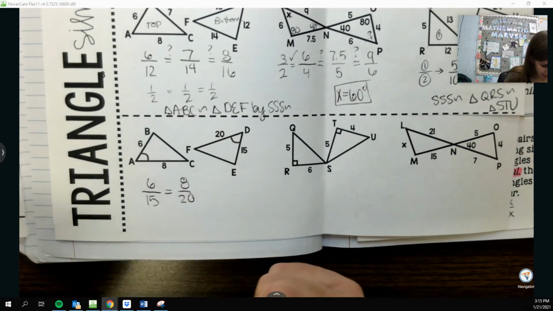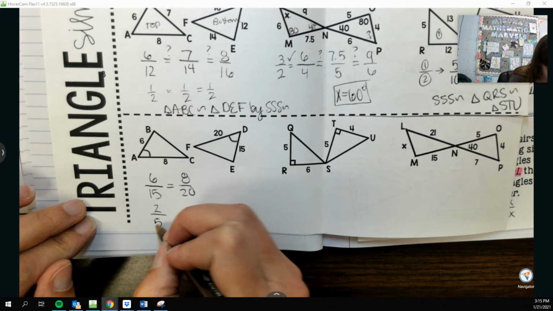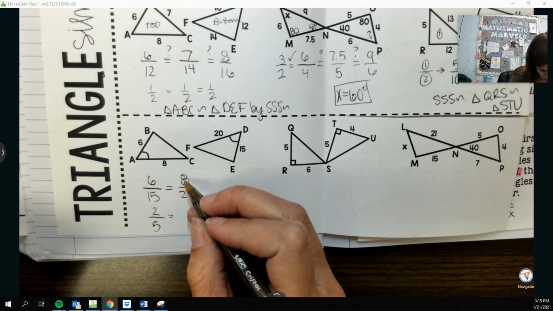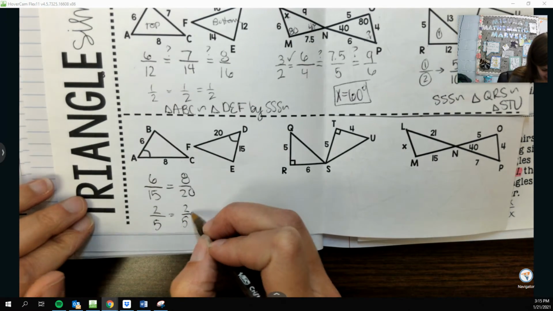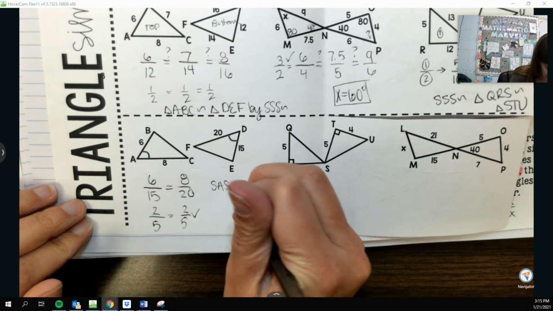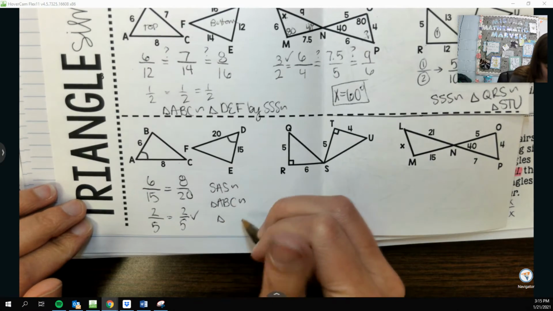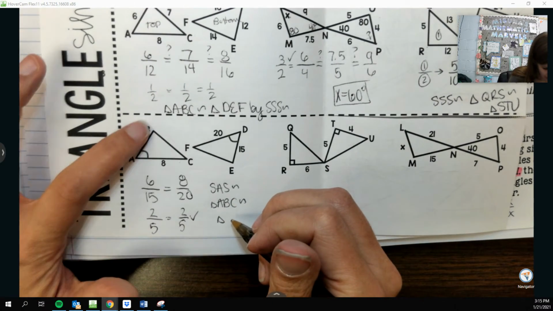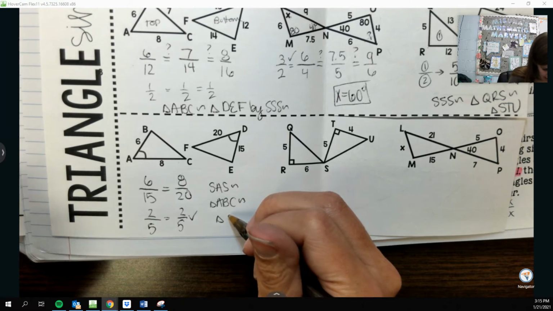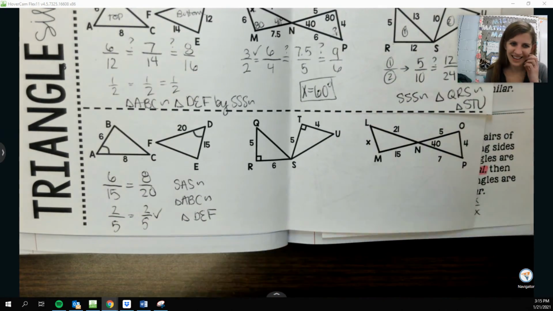And I don't know, maybe we'll reduce, like 3 goes into both, so 2 and then 5, and then 4 goes into both, 2 and then 5. So yes, they are similar by side angle side. So triangle ABC is similar to triangle DEF. That took me a long time.